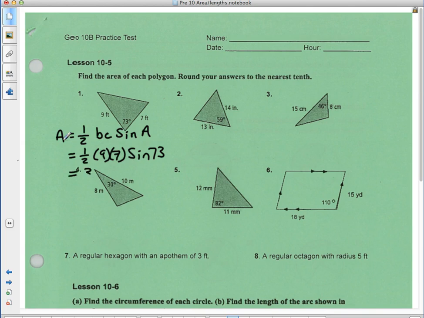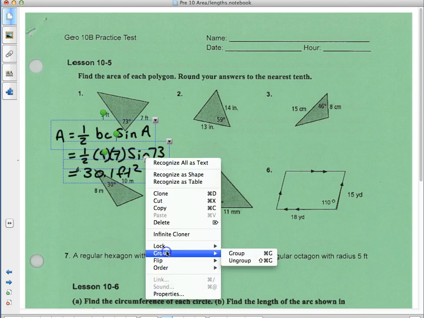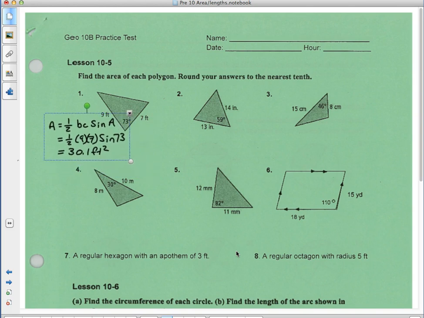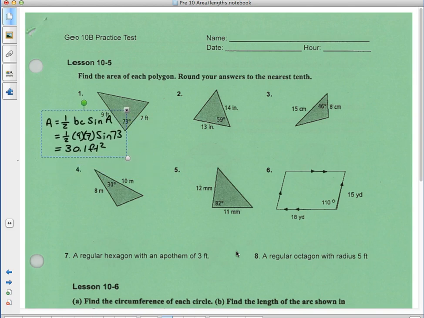So this is equal to 30.1 feet squared when I'm done with that. Okay, and we are going to group that information together. Bring that down and put it there so we can see it for the rest.